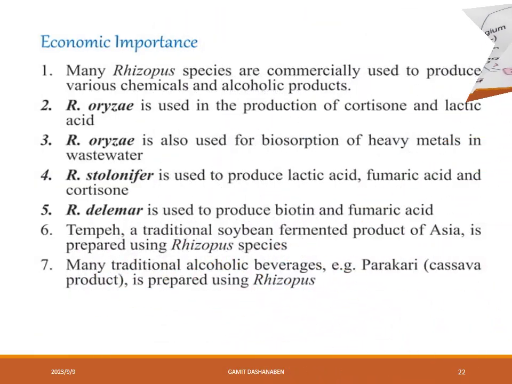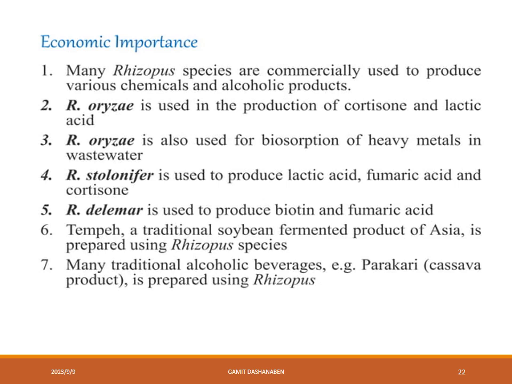Economic importance. Many Rhizopus species are commercially used to produce various chemicals and alcoholic products. Rhizopus oryzae is used in the production of cortisone and lactic acid. It is also used for biosorption of heavy metals in wastewater.